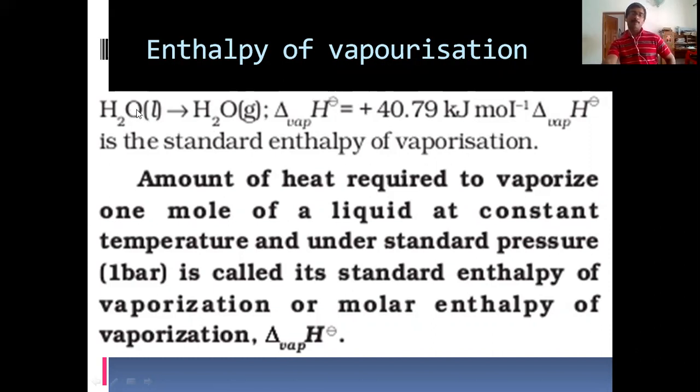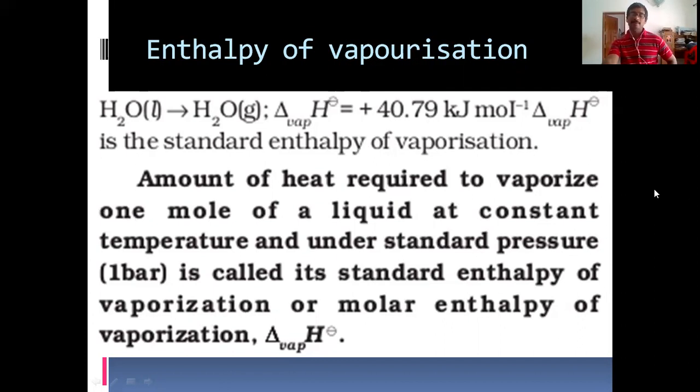That is the enthalpy of vaporization of H2O. The amount of heat energy required to vaporize 1 mole of a liquid at constant temperature and under standard pressure of 1 bar is called standard enthalpy of vaporization. Or we can say, the enthalpy change accompanied by complete vaporization of 1 mole of a liquid at a constant temperature to its gaseous state.